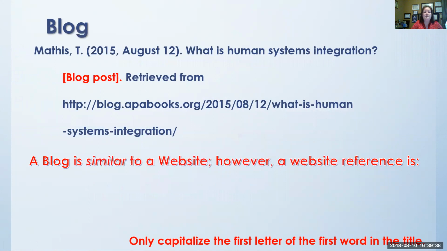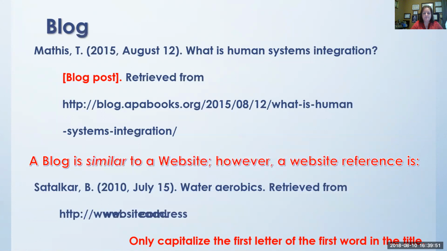That's the only difference between a website listing and a blog listing. And then here's another one. See, that's the original, that would be a website link, whereas the one above is a blog link. And that's how you know the difference between the two.